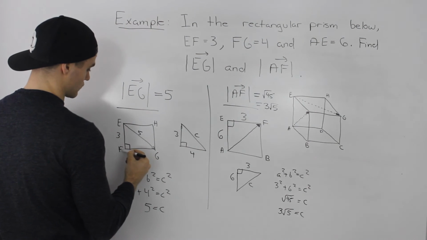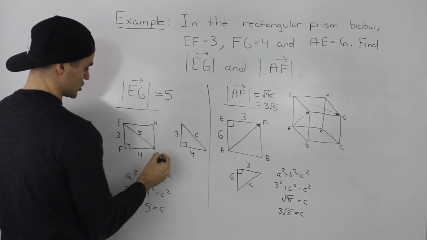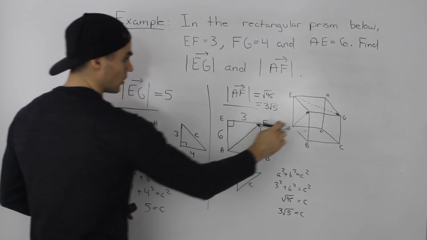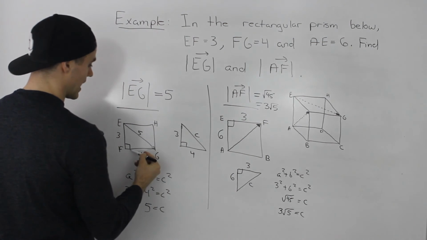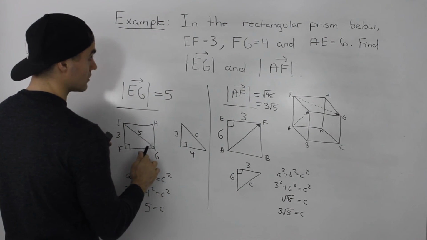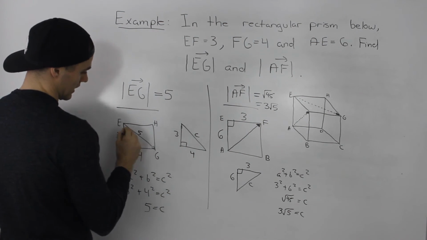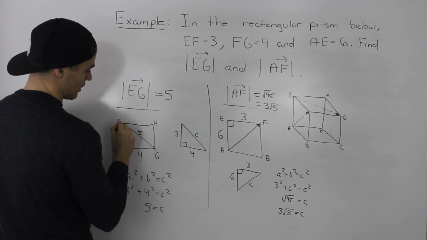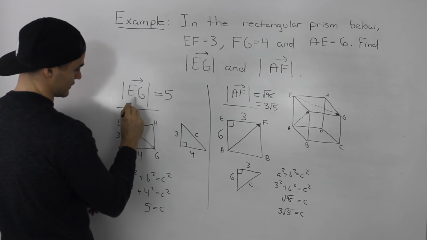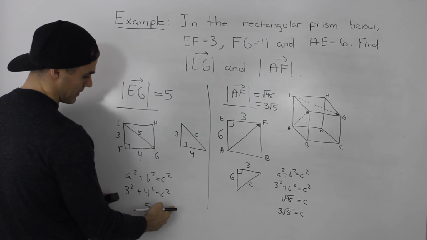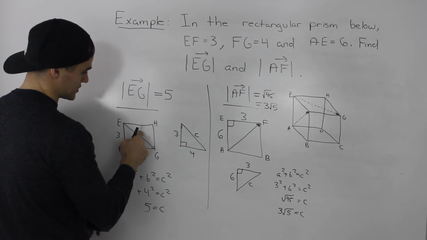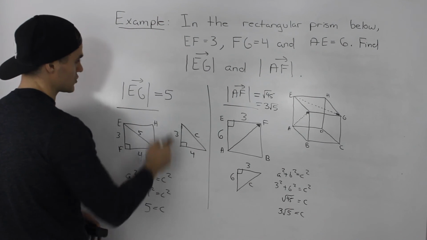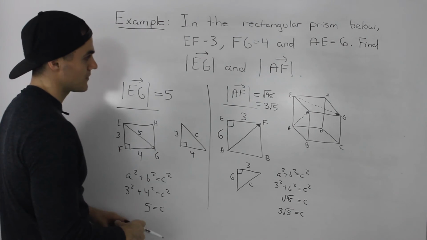So we'd see this rectangle of E, F, G, and H, and we know that its sides are 4 and 3. And we're looking for the length of this vector here, this vector EG. Apply the Pythagoras theorem, solve for the hypotenuse C, and we get 5. So the magnitude of EG is 5.